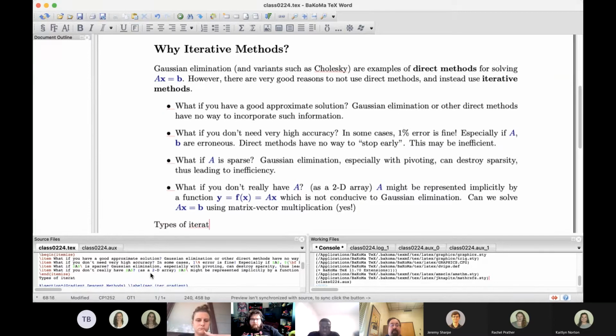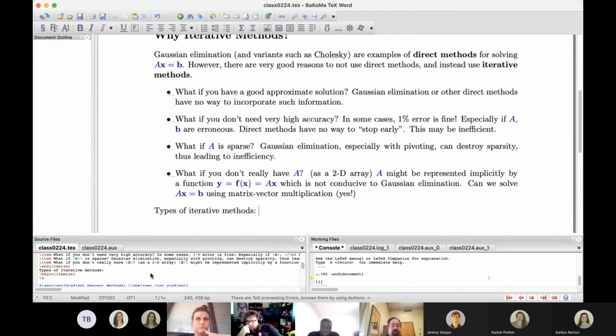Now, there are two types of iterative methods.